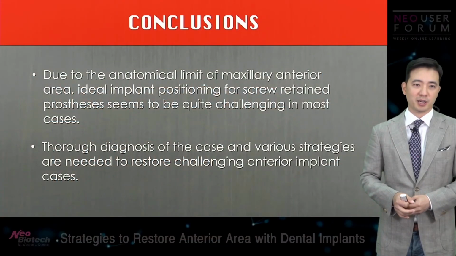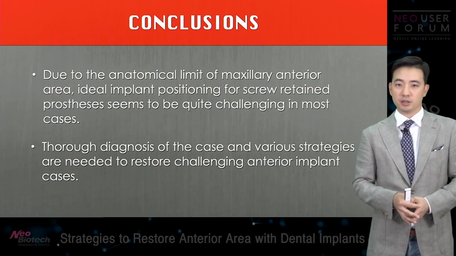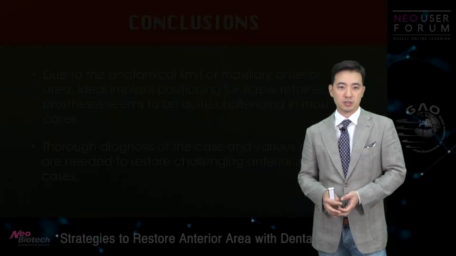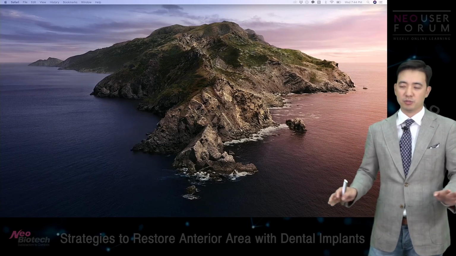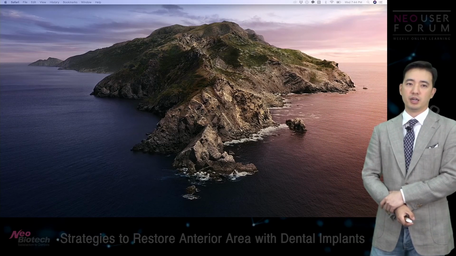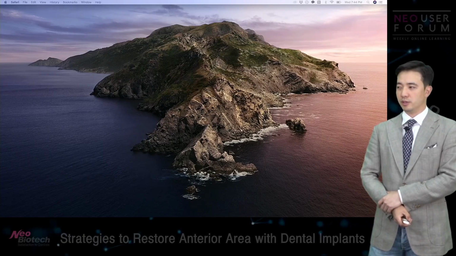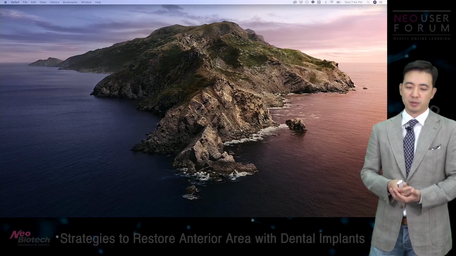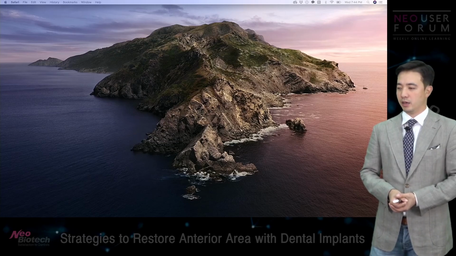To Christopher Sim again, would it be more predictable if you do without the socket shield technique in the anterior area? Complication means possible bone and soft tissue loss. Well, yeah, I do treat 100% Asian patients, and I agree that Asian patients, I don't know about that fact, but most of my patients tend to have very thin buccal bone.